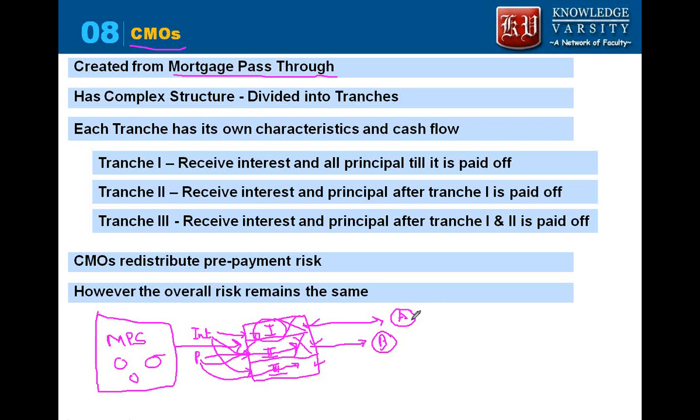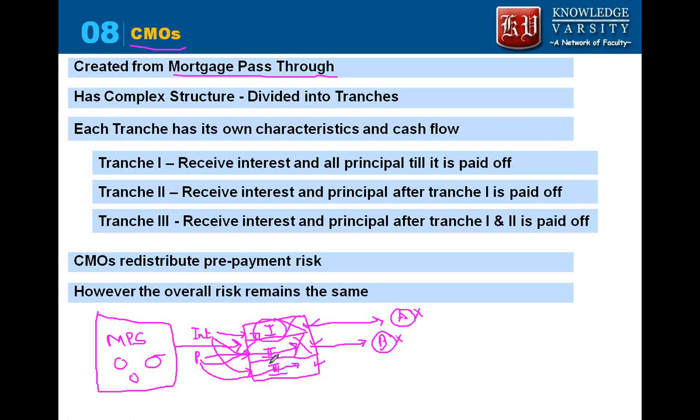Also the maturity of bond A will be shorter, because the moment the principal is paid, bond A ceases to exist. Bond B ceases to exist when principal is received from B, which is after this. So the maturity of B will be more than that of A, and tranche 3 will have the highest maturity.